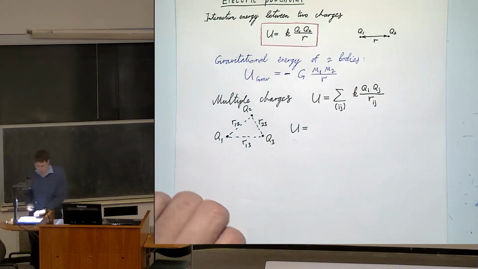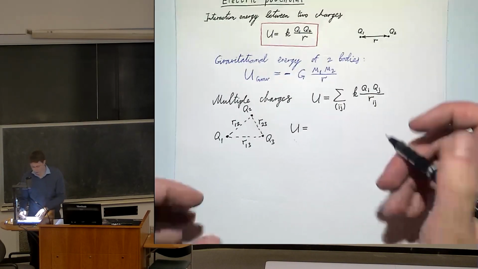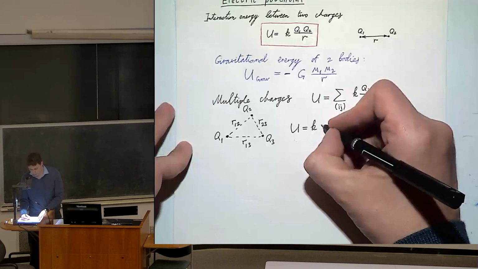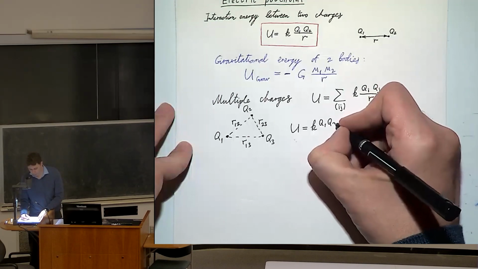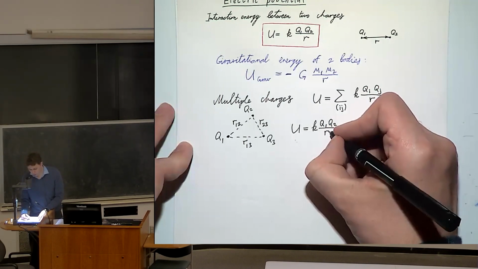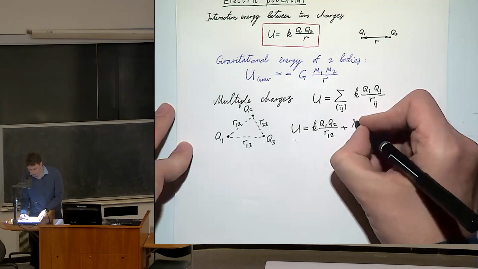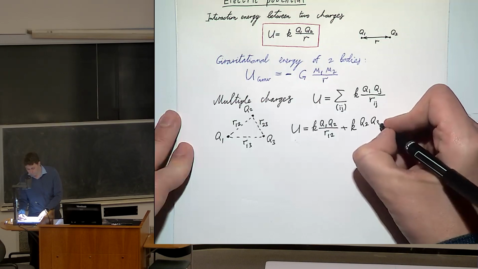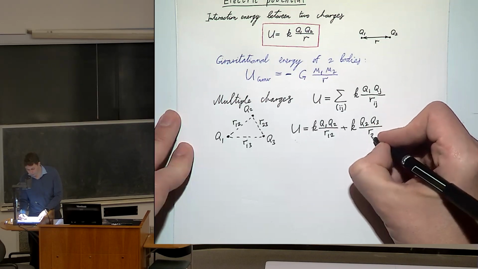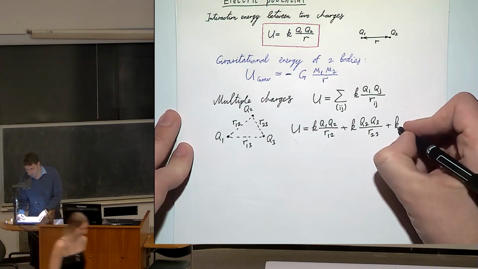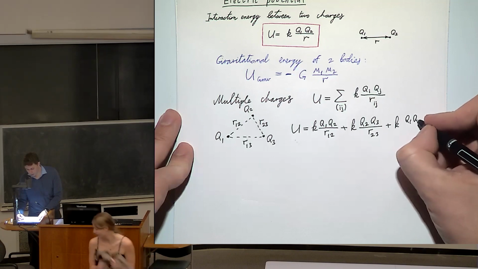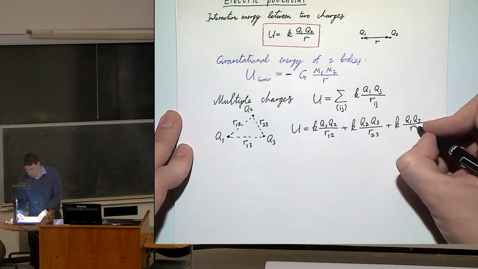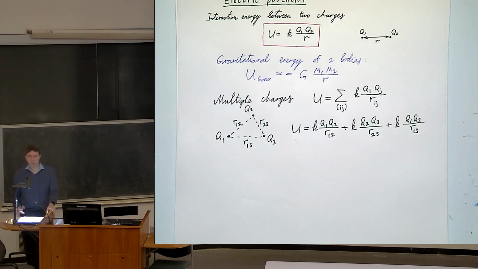So the total energy of the interaction of the charges is the contribution of charges 1 and 2, like this, then the contribution of charges 2 and 3, and charges 1 and 3. And that can be generalized to an arbitrary number of charges.